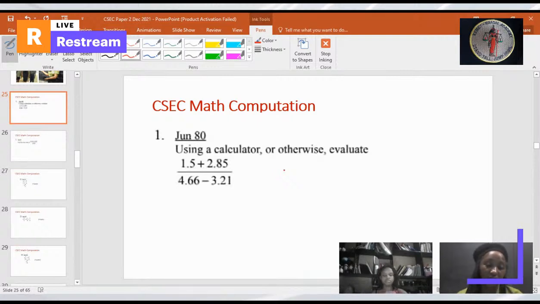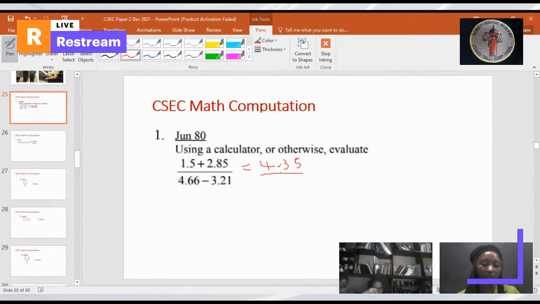John, you're taking this for me? Yes, miss. First, walk me through it. We're going to add the 1.5 plus the 2.85. So we're adding the numerator and we get what? Miss, we get 4.35. And the denominator says we're to subtract.